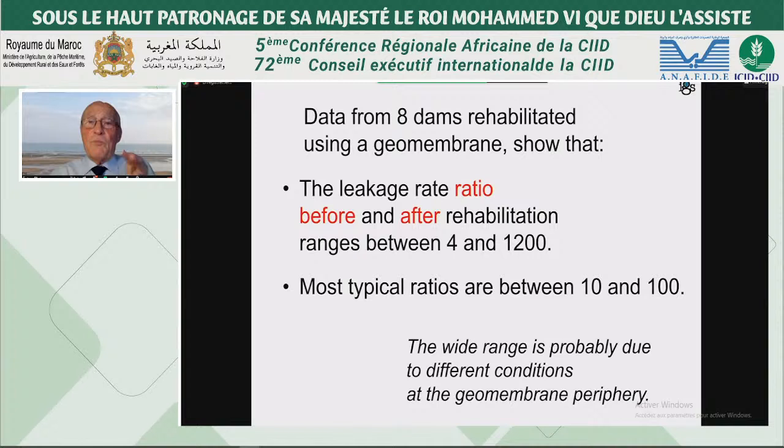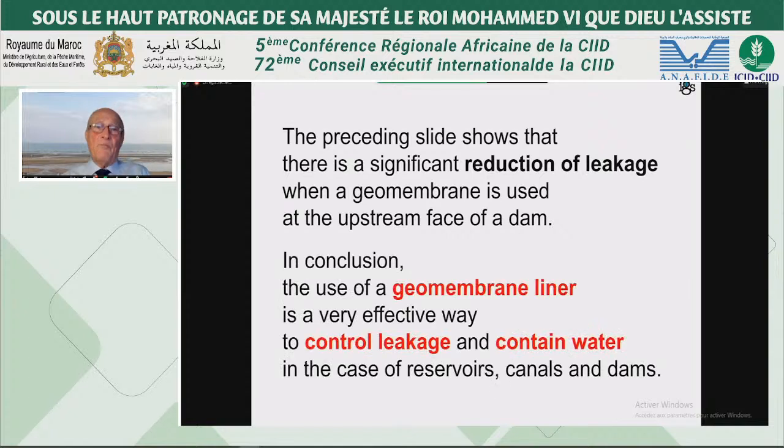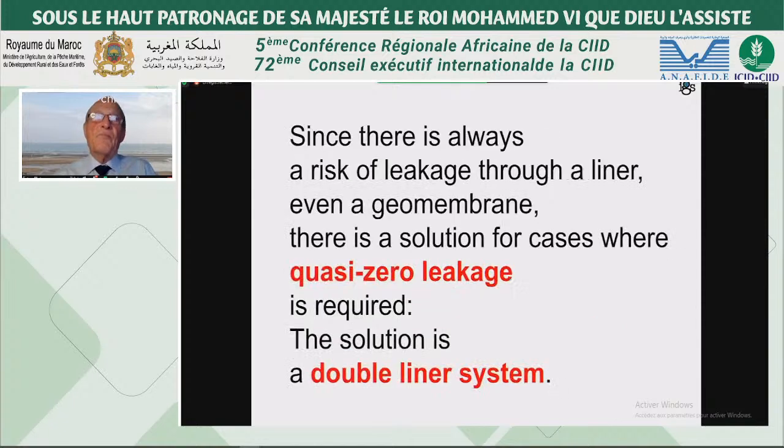The wide range is probably due to different conditions at the geomembrane periphery, but clearly this slide shows that there is a significant reduction of leakage when a geomembrane is used at the upstream face of a dam. So in conclusion, the use of a geomembrane liner is a very effective way to control leakage and contain water in the case of reservoirs, canals, and dams.